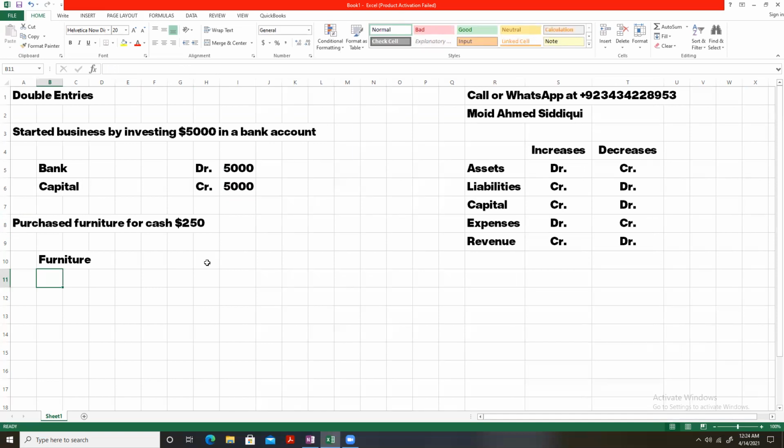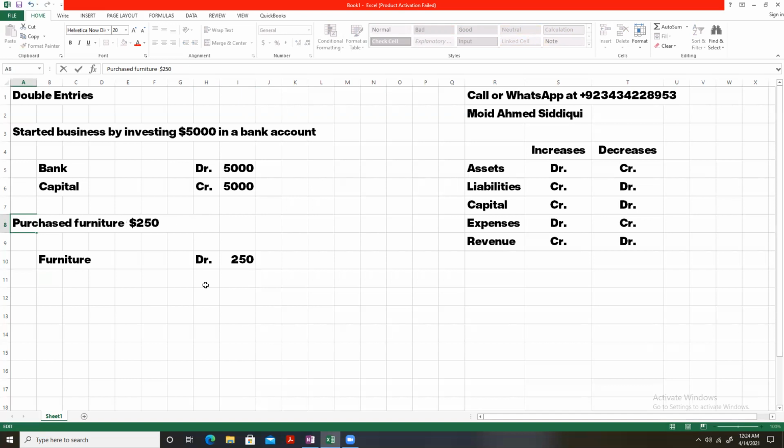Since furniture is increasing in the business, by buying furniture, we are bringing furniture into the business. That's why furniture is an asset that is increasing. So we will debit the furniture account.